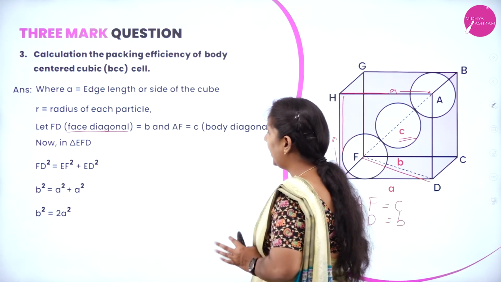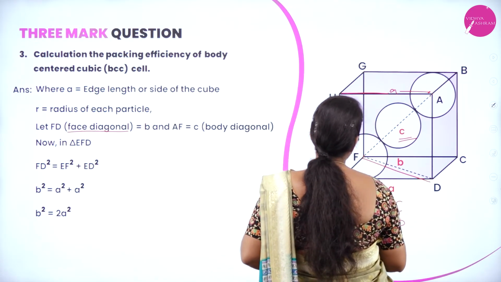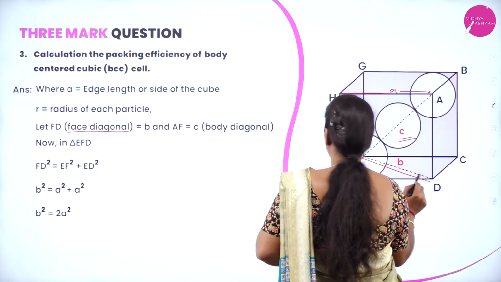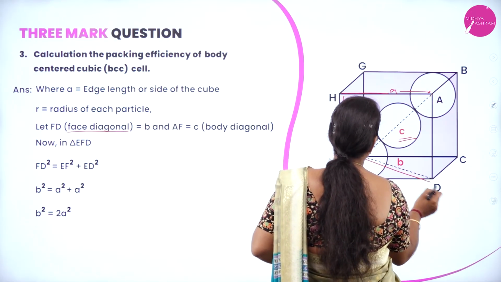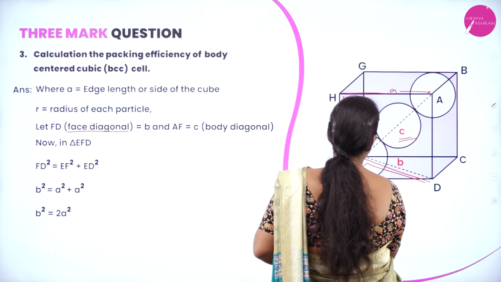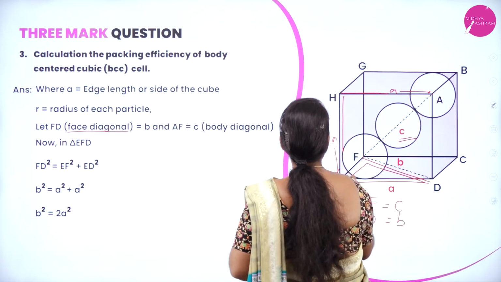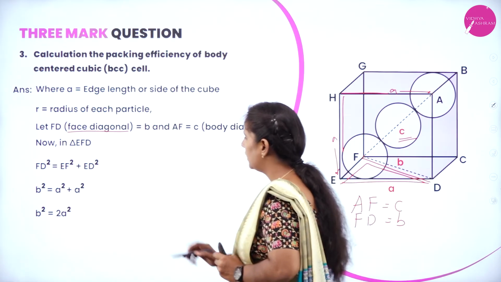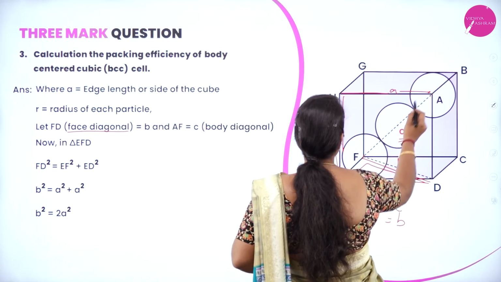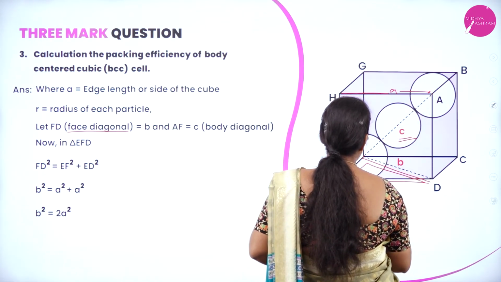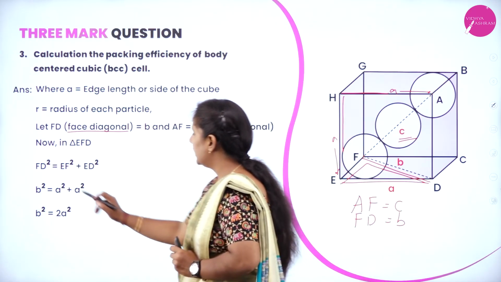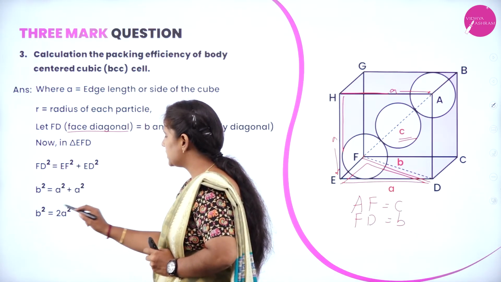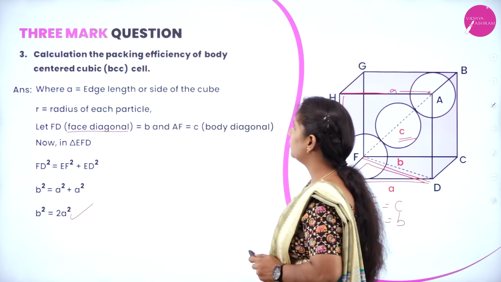And if you consider the triangle EFD, then FD square is equal to EF square plus ED square. We know that this is an edge length and this is also an edge length. So, b square is equal to a square plus a square, and b square will be equal to 2a square.